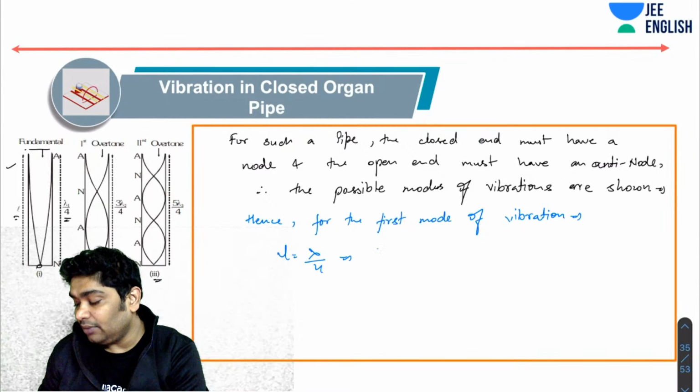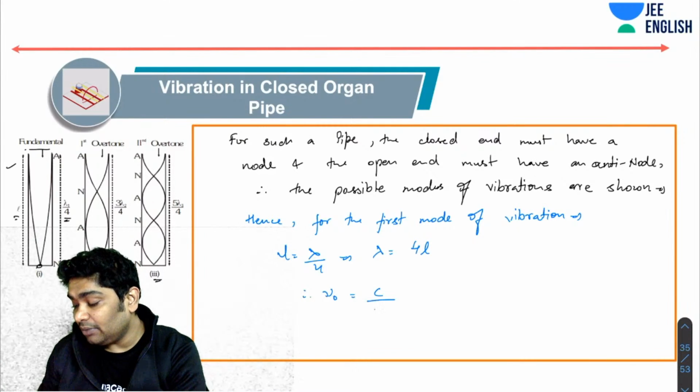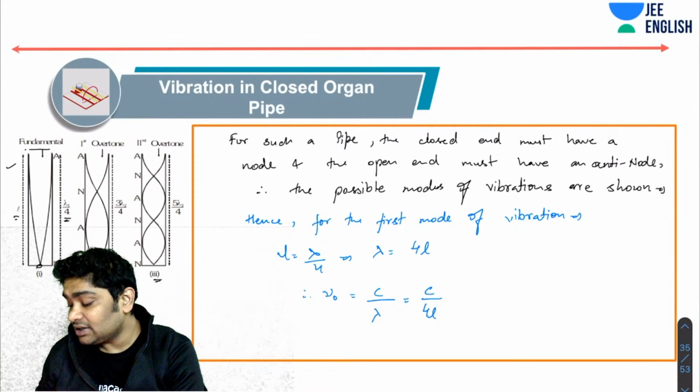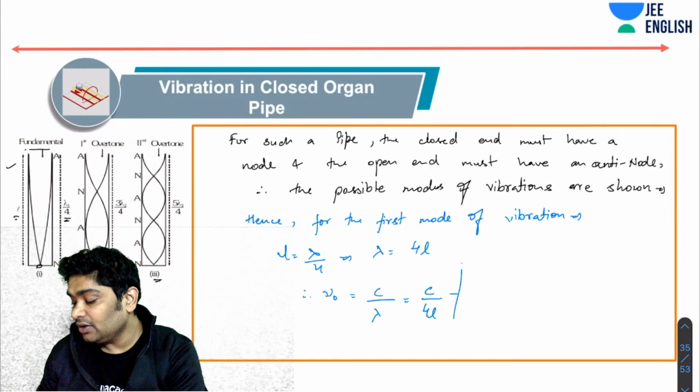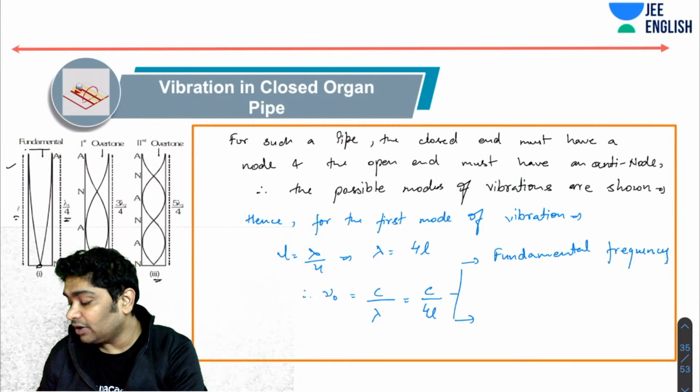Therefore, lambda would be equal to 4L. And therefore nu naught, the frequency of this mode, would be equal to c over lambda, which is equal to c over 4L. Now this is called the fundamental frequency and the first harmonic.